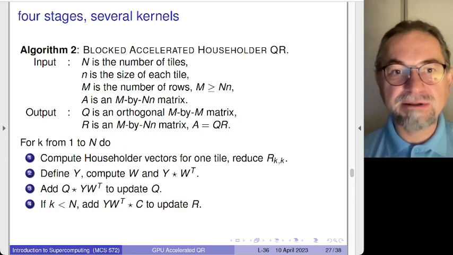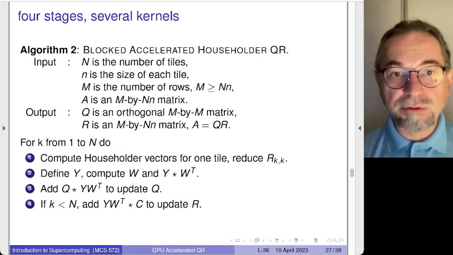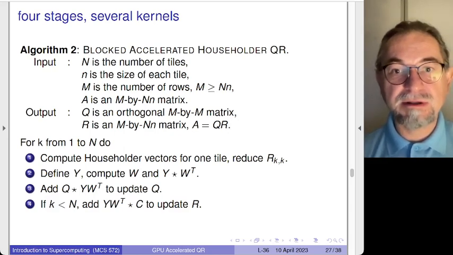The capital N is the number of tiles. Then we have the total number of rows, which should be larger than n times big N times little n. The output is an orthogonal m by m matrix. And then we also have the matrix A that gets overwritten by the upper triangular matrix R.